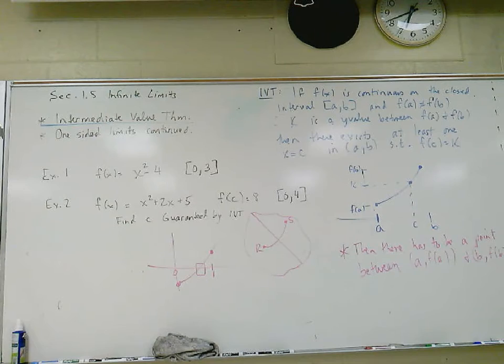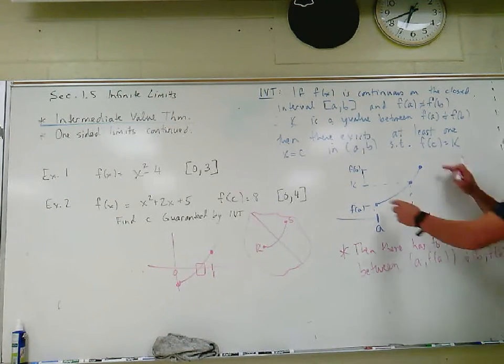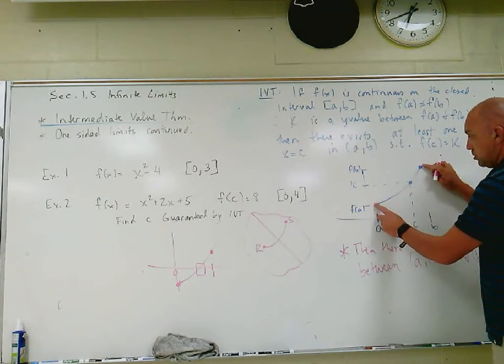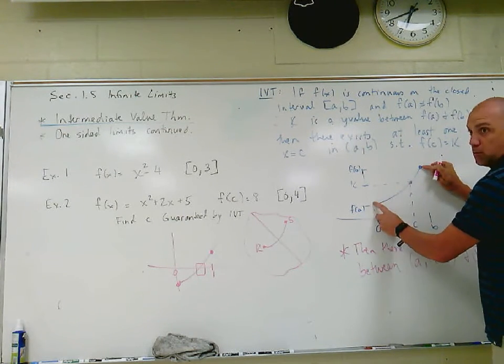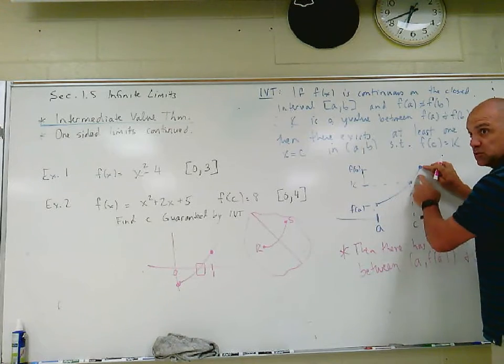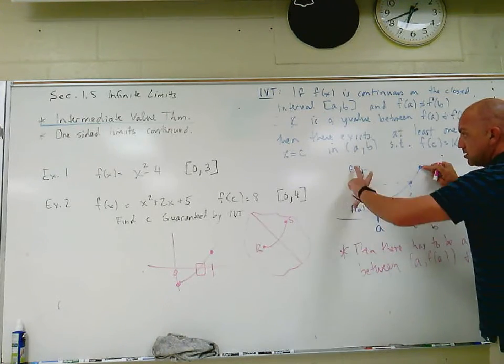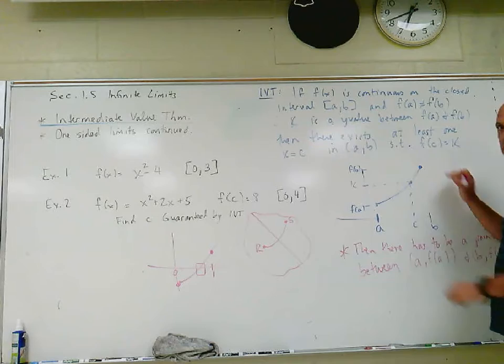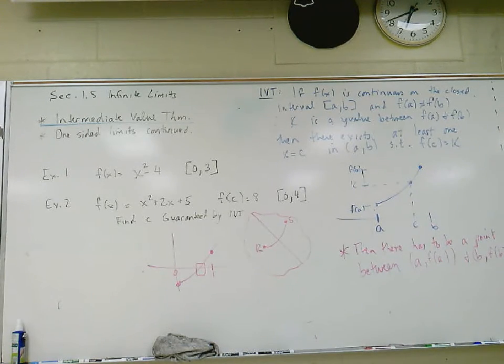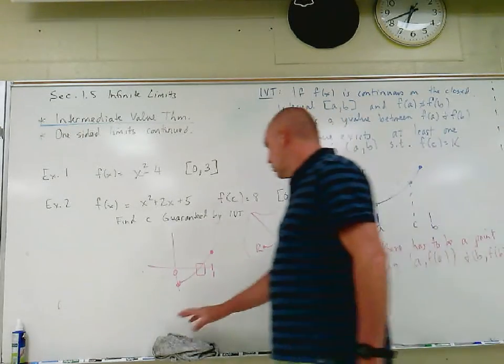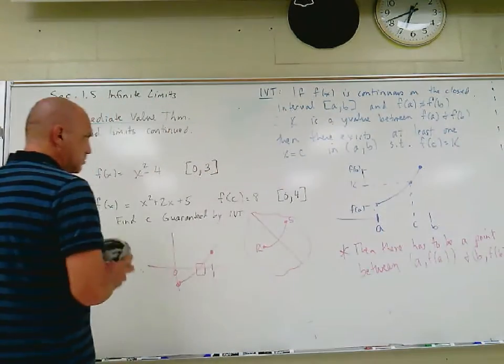Basically, if you have a continuous function, then there has to be a point in between the two points, and as long as that y is in between those y's, then there's an x that goes to it. I think it's easiest if we just work out an example, and example 1 makes the most sense for what we're trying to do. So let me erase this stuff.